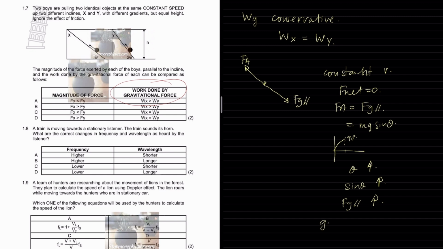So the greater the angle, the greater the force applied needed. So we can summarize this by saying the force applied for y is greater than the force applied for x. Or you could say the force for x is less than the force for y. And so the answer for 1.7 is going to be C.